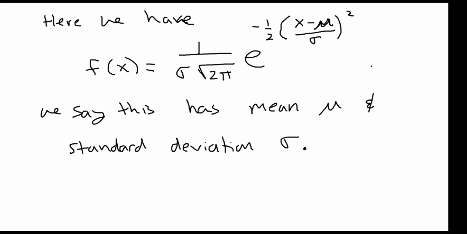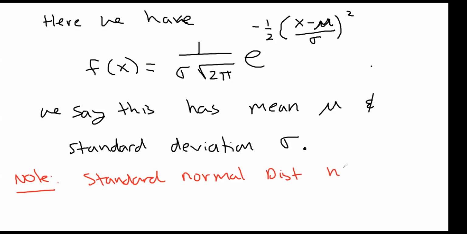So here's what you should note. The standard normal distribution just has mean 0 and standard deviation 1. So it's just a special case.